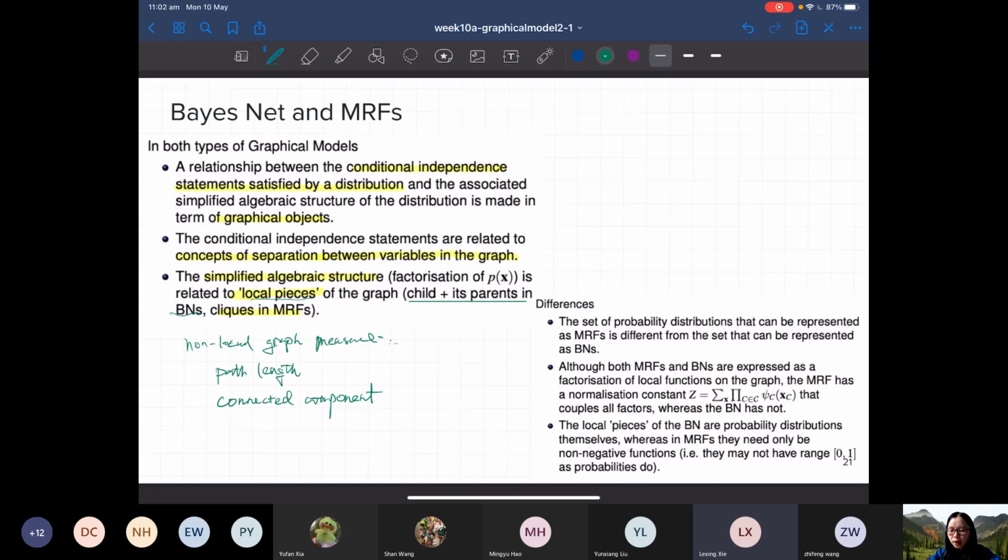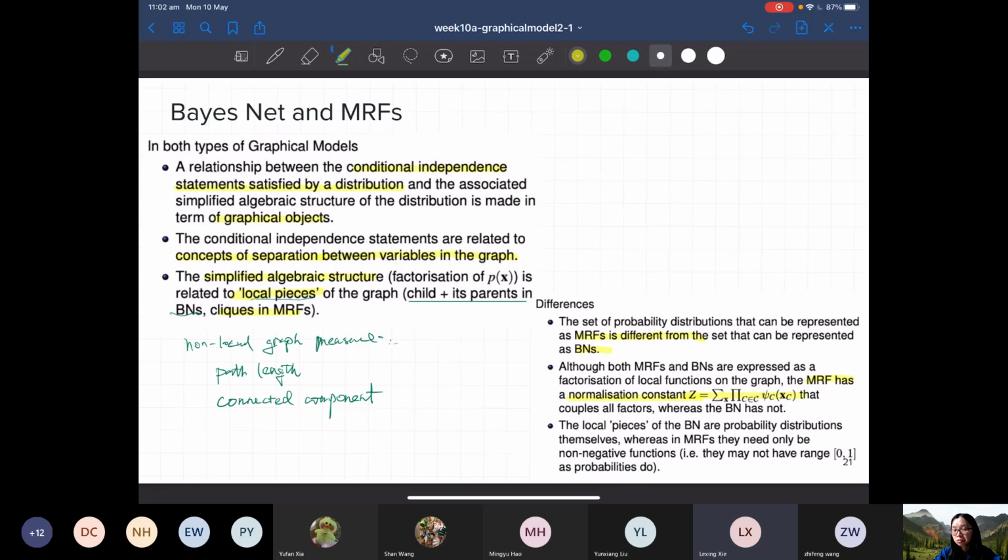Okay. So we also said with an example that the sets of probability distributions that can be represented by the two sets of graphs are different. With Markov random fields, the price to pay, again, there's no free lunch in modeling, for having simpler reasoning of conditional independence is the introduction of this normalization constant that couples all of the factors.